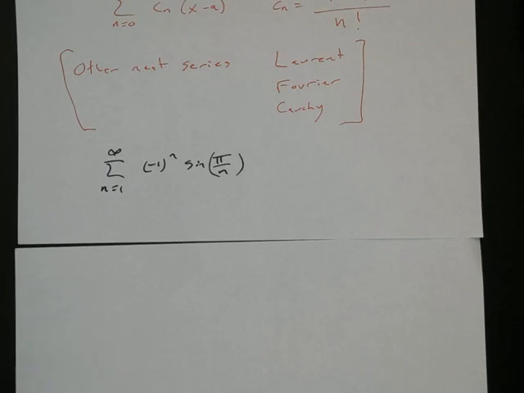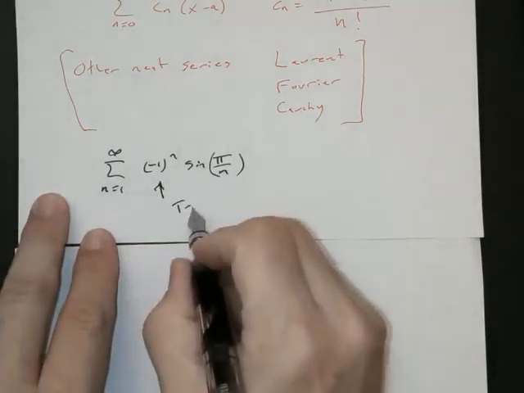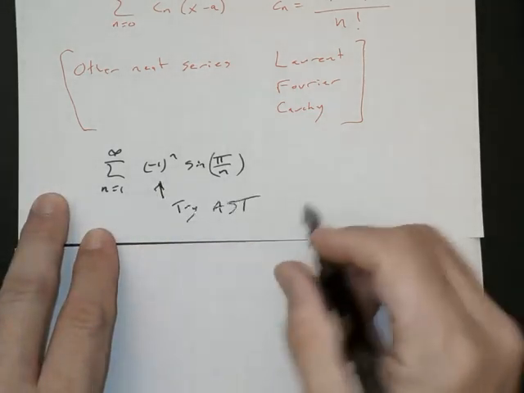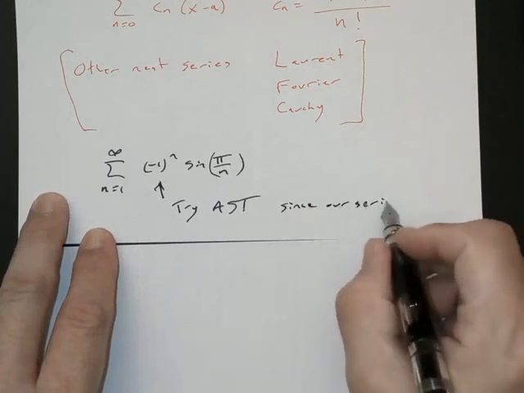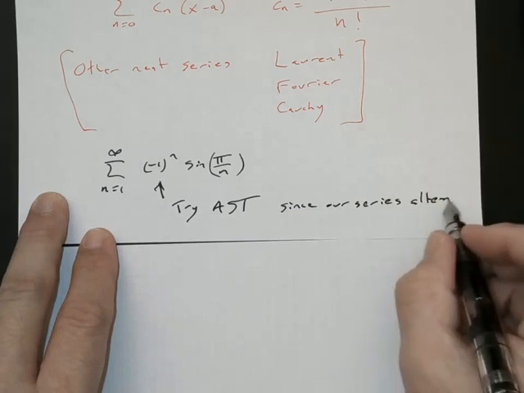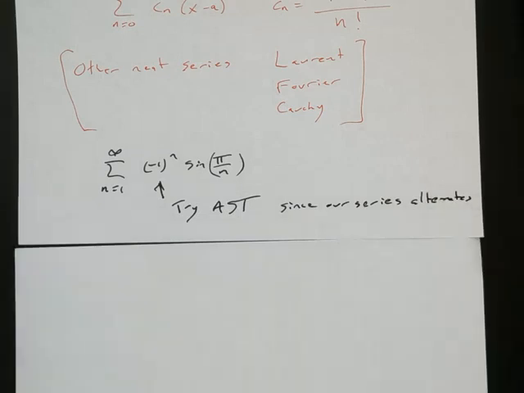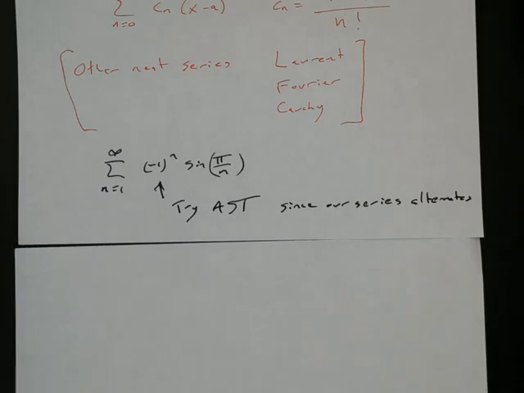If this is alternating, I'm going to try the alternating series test. Okay, what do I need for the alternating series test? Positive decreasing things, part of it, but I need more.